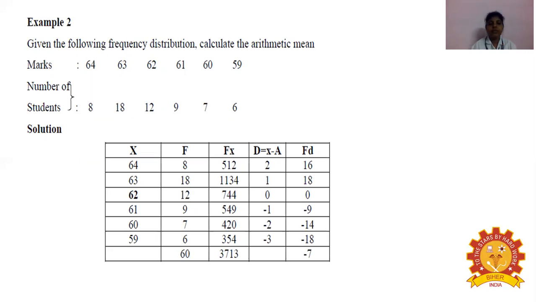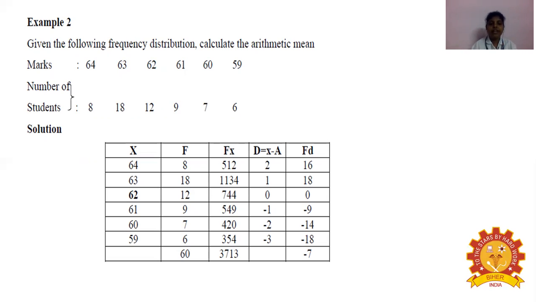Next, f into x. Here f is 8 and x is 64, so 8 into 64 is 512. Next 18 into 63 is 1134. Next value, 12 into 62, is 744.